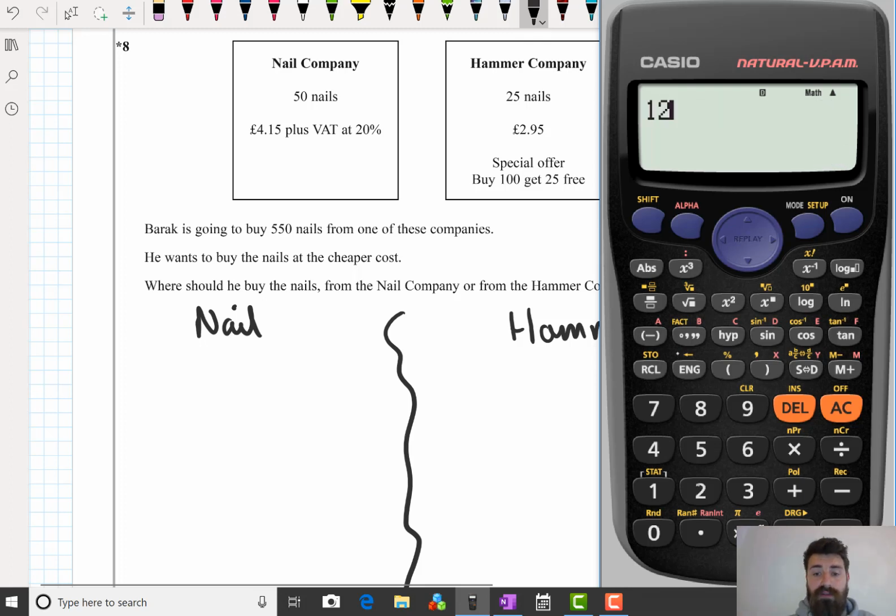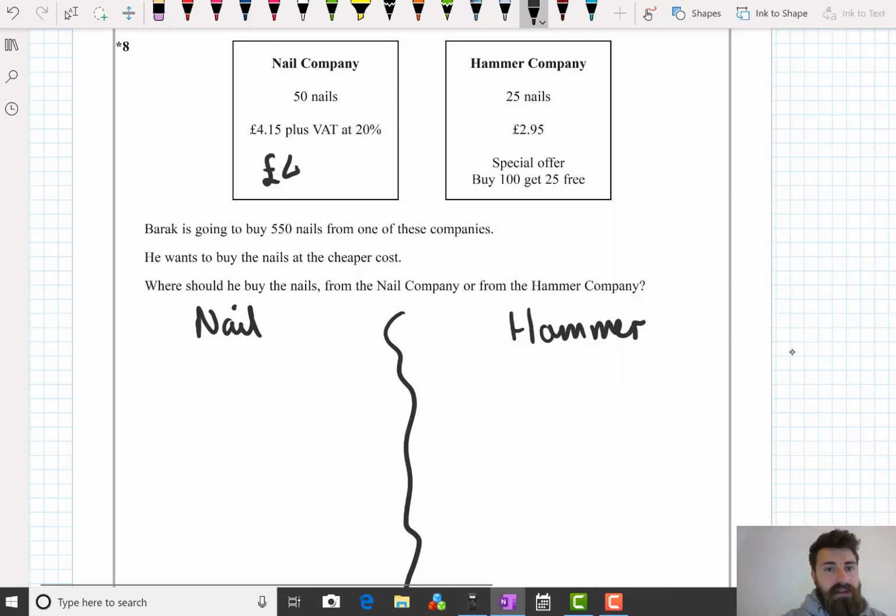Just to reiterate that. I'm adding 20% on, so I've got 100% of my price and I'm adding 20% on the VAT here. So I want 120% of £4.15. The actual price you're paying is £4.98, so a little bit more than expected. £4.98 for 50 nails.